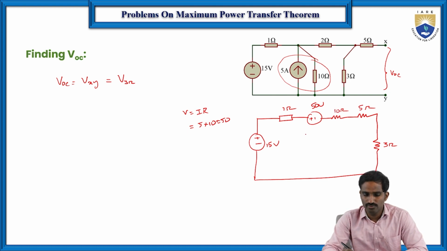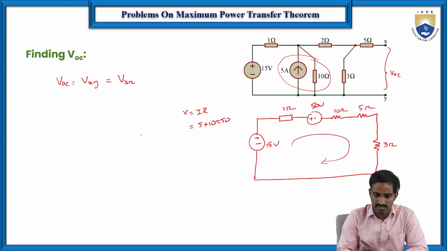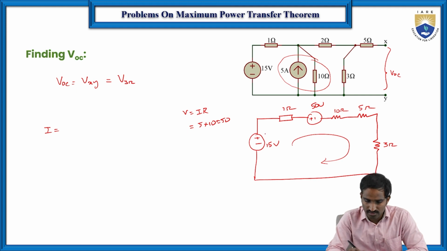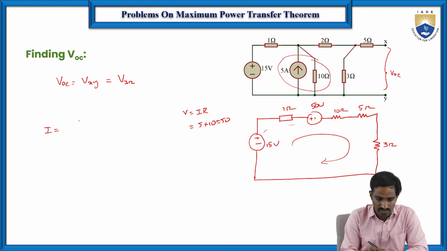So you just simply apply the loop analysis. Then the total current I is equal to V over the total resistance. As you can see here, positive to negative, positive to negative. So it is 50 plus 15 by 1 plus 10 plus 5 plus 3.